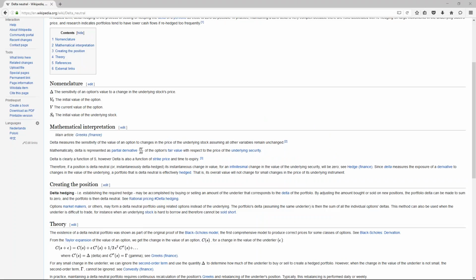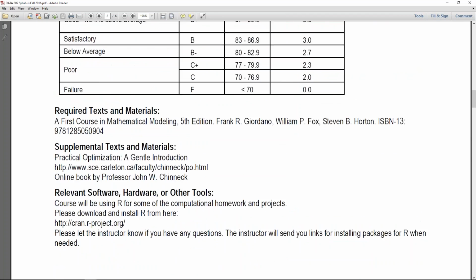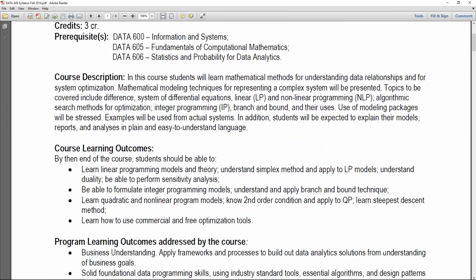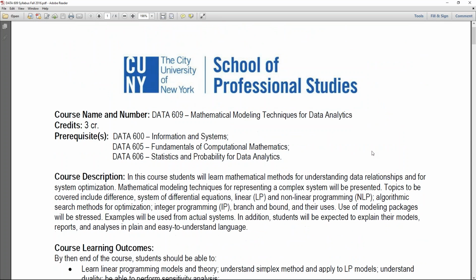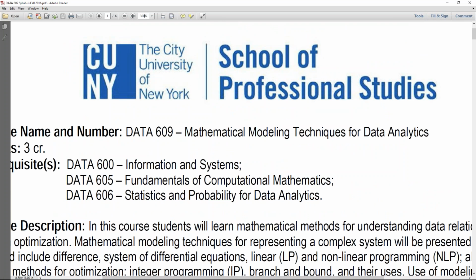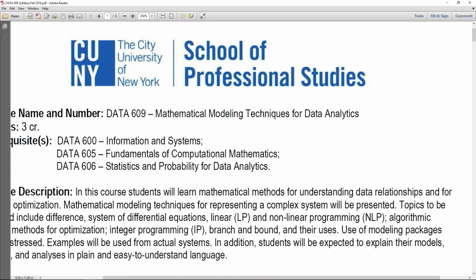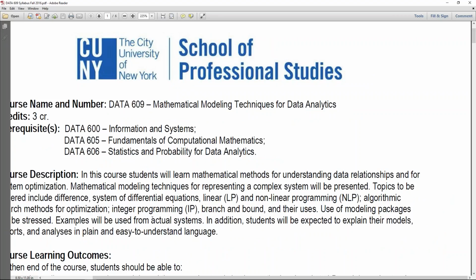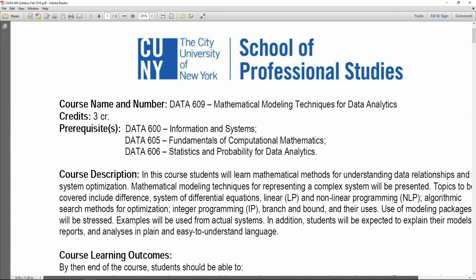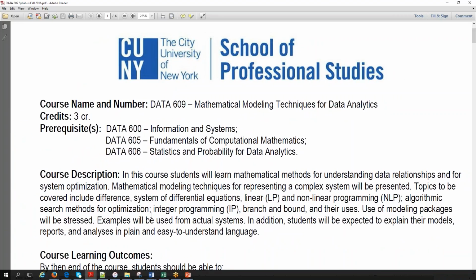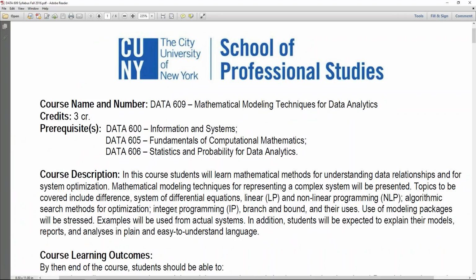The first thing I want to share is a little discussion about the syllabus, and if you have any questions, feel free to ask. As you probably already know, this course is called Mathematical Modeling Techniques for Data Analytics.